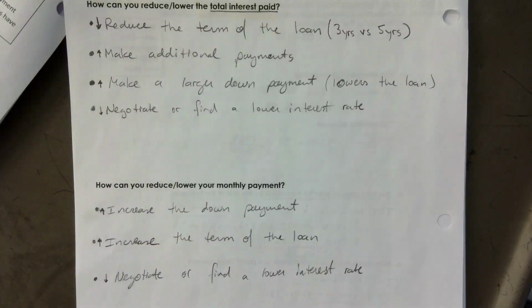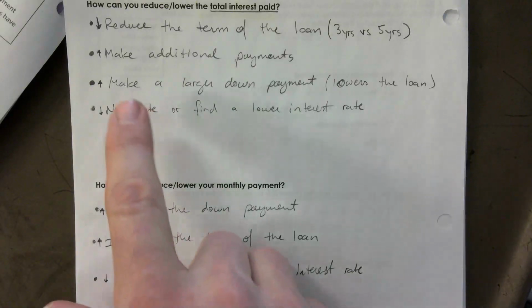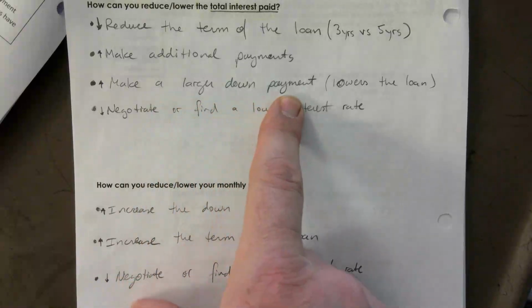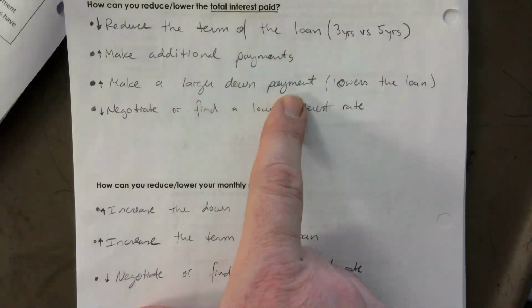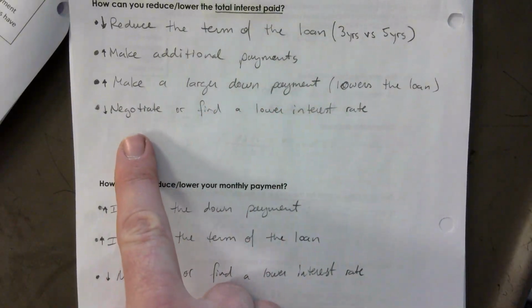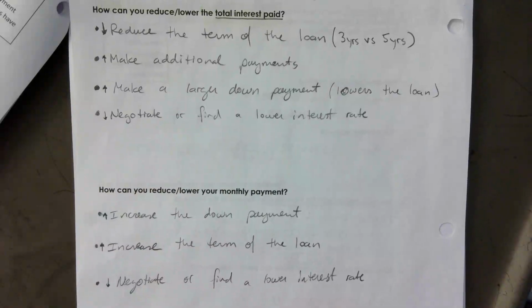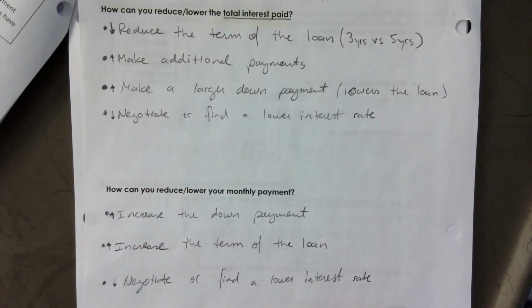The latest car I bought, I'm like, you know what? I want to pay it off faster. So just take off another $50 from my account every month, add it to the bill. You can make a larger down payment. You owe them less, you'll save money on interest. You can negotiate or find a lower interest rate if you can.